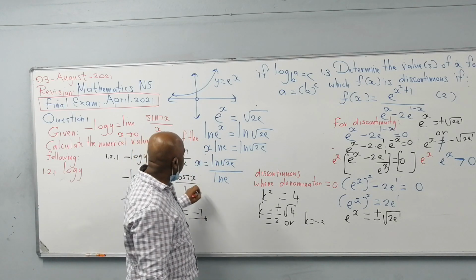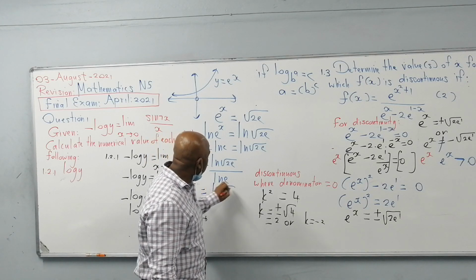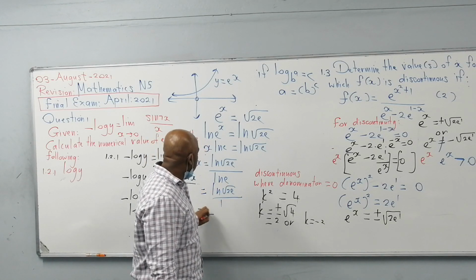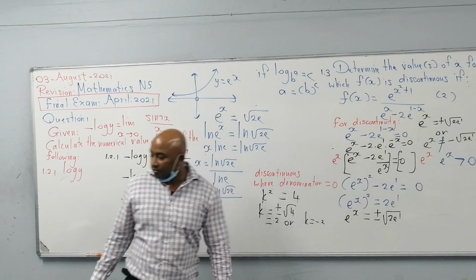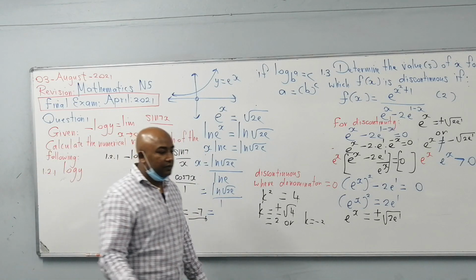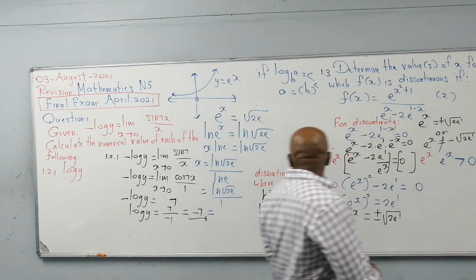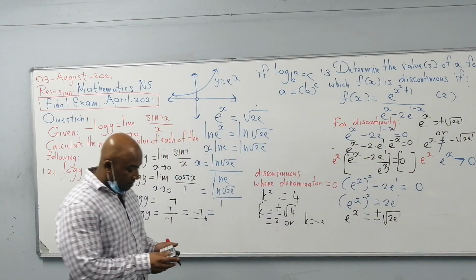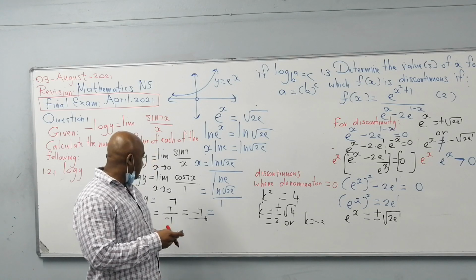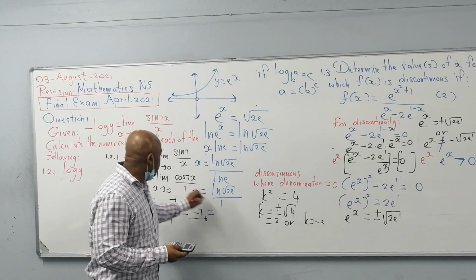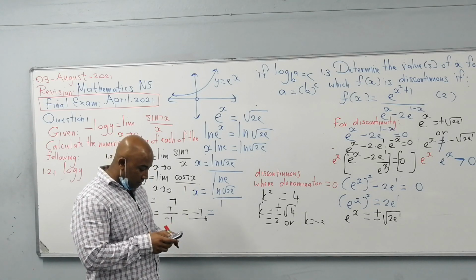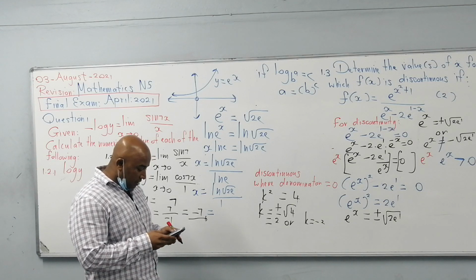Now let's work it out on a calculator here. So I'm just working out ln square root 2e divided by 1. Right, so let's see what we get here. So x is equal to ln square root of 2e.